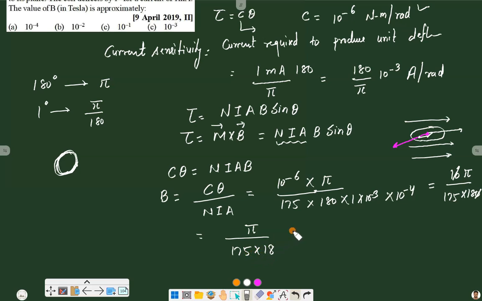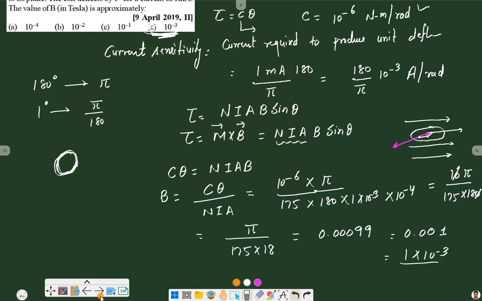Now after solving this, what we will get? We will get 0.000 into 9999, and it can be written as 0.001, and it can be written as 1 into 10 raised to power minus 3. So that is option C here. Option C will be the right answer.